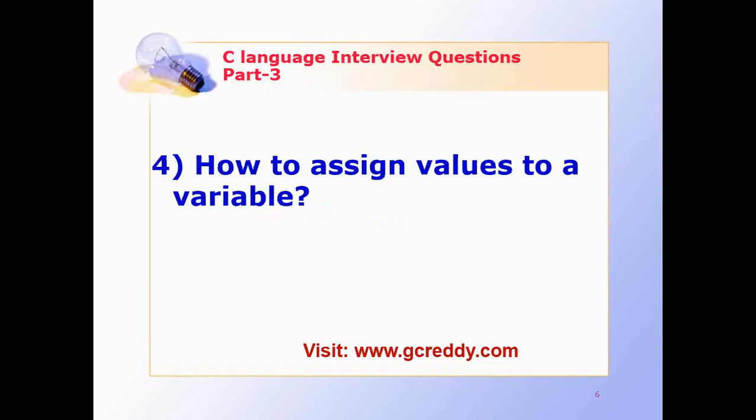How to assign values to a variable? A variable can be considered as a box that can hold a single value. However, initially the content of the variable or box is empty. Therefore, before one can use a variable, it must receive a value.